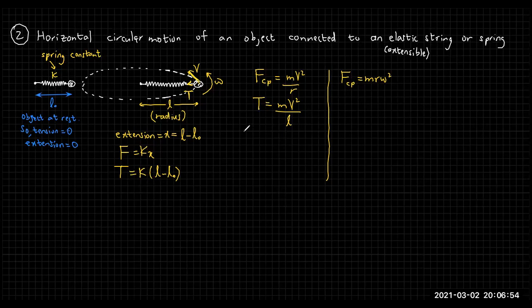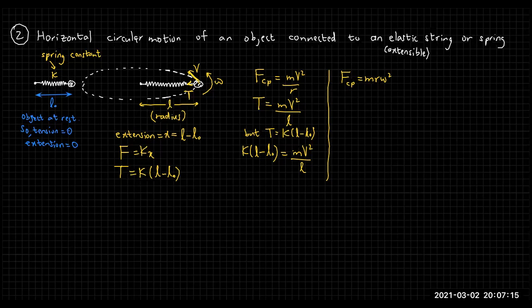And instead of T, we have derived an equation, that is K into L minus L naught. So, if we substitute the value there, it will be K bracket L minus L naught equals mv squared divided by L.